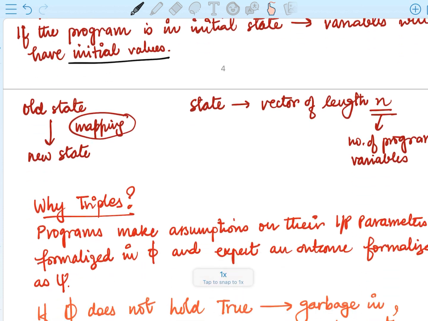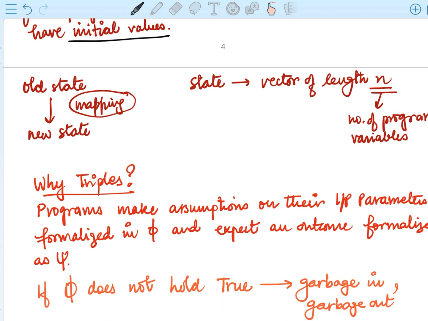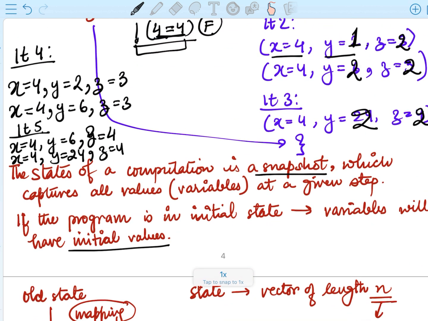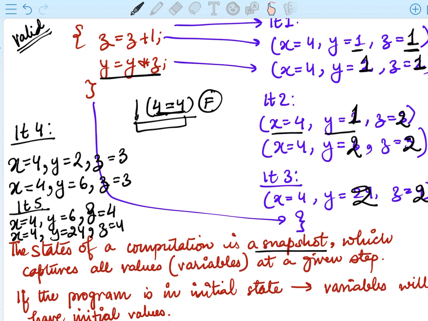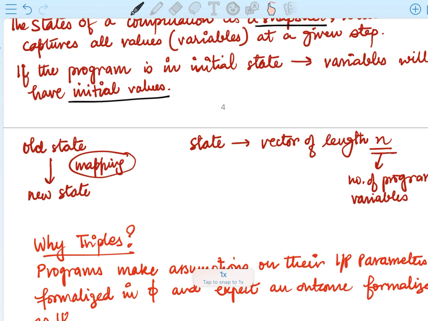Okay? And what does state do? State will always map the old state to the new state. So if you see here, when we were in iteration 1, this is the old state and this is the new state. You can map the old state to the new state.